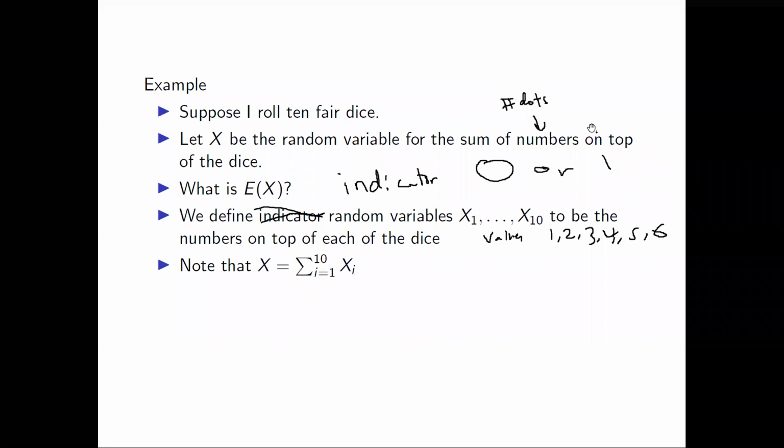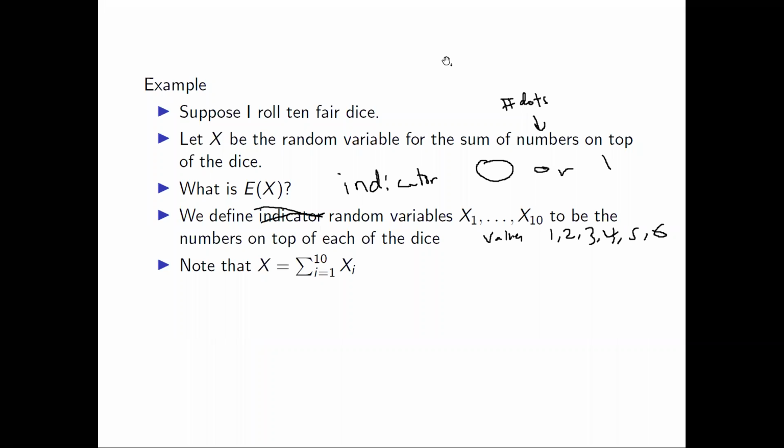And we can note that the random variable x, which is the sum of the numbers on the top of the dice, by definition, is the sum of these xi's, because these xi's are the numbers on top of the dice. And we're going to use linearity of expectation here, same way we did in the last slide, but here our random variables are not indicators because they're not 0 or 1.